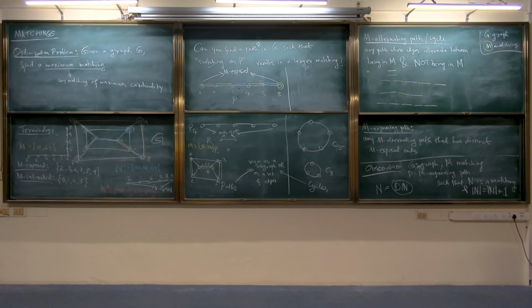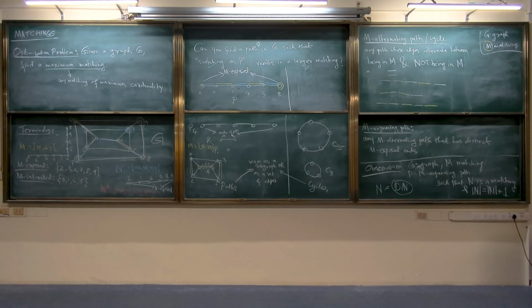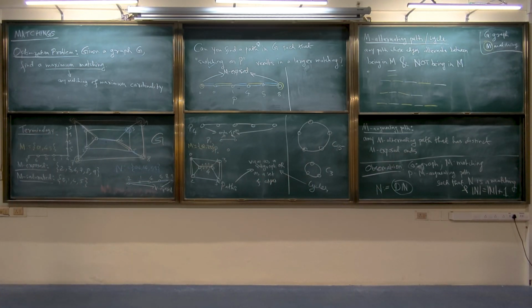I want you to define N. N should be a matching, and its cardinality should be exactly one more than M's cardinality. I just want you to formally define it, which we have been doing all the time. I want you to write a short definition of N. I give you a hint: use set theoretic concepts, operations, notation.